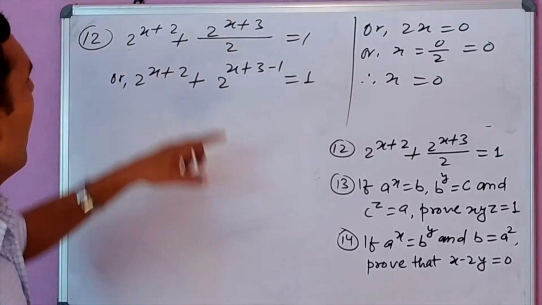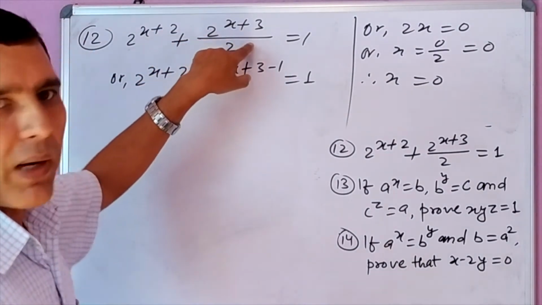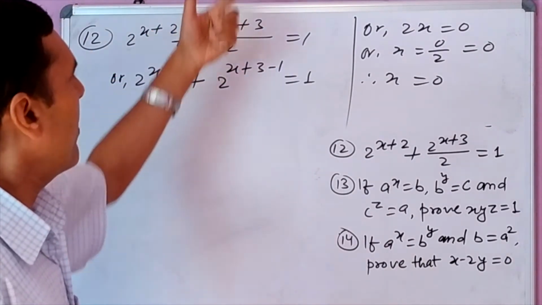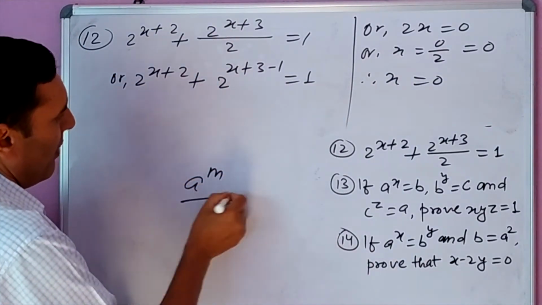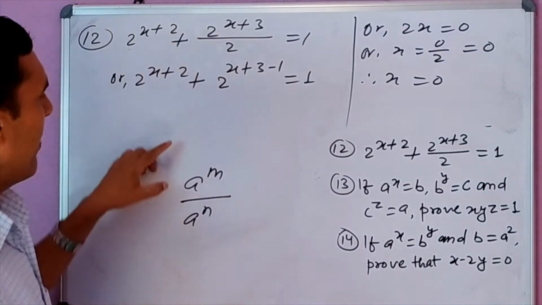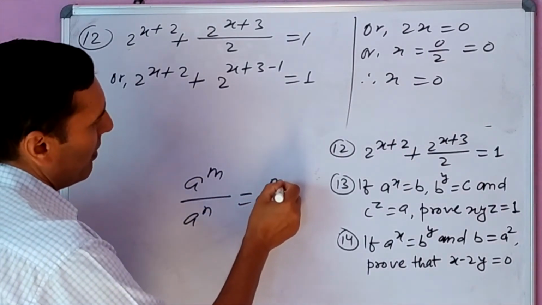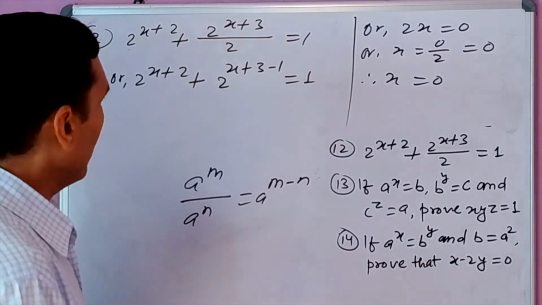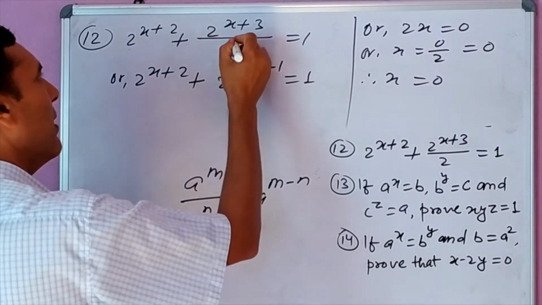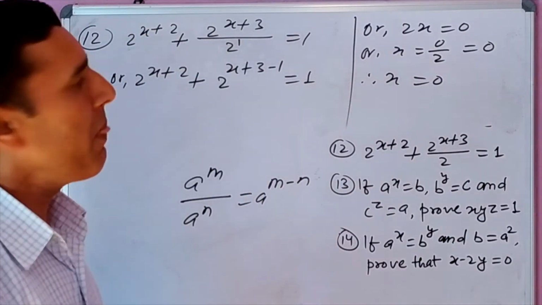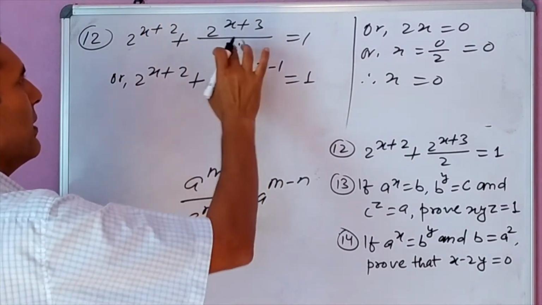Look here, guys. This denominator 2 has the power 1, and it is brought up because we have the formula: a to the power m upon a to the power n, if you bring this up, it is a to the power m minus n. Just like this, 2 to the power x plus 3 upon 2 to the power 1, if this is brought up, it is minus 1 on the same base.